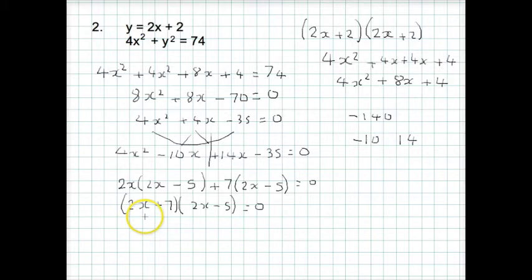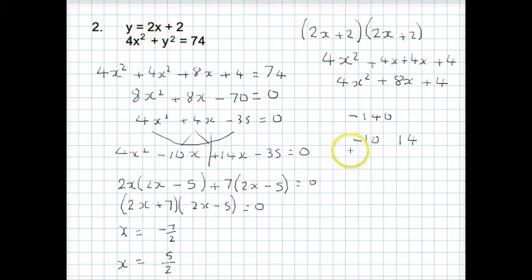If we solve those, first one, 2x is going to equal minus 7, so x is going to equal minus 7 over 2. And for the other one, x is going to equal, if we take the 5 over, it becomes positive, so x is going to equal 5 over 2. Then we need our y values, so we have to substitute this value for x back into the first equation.